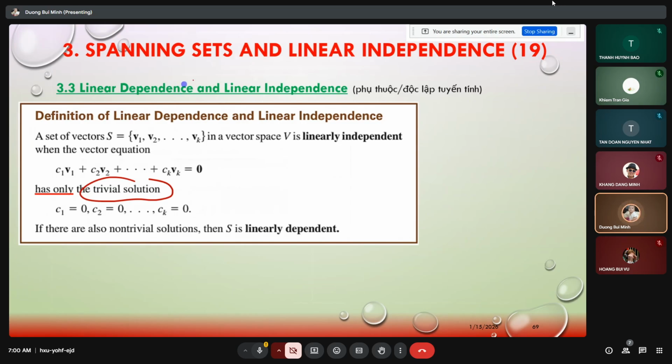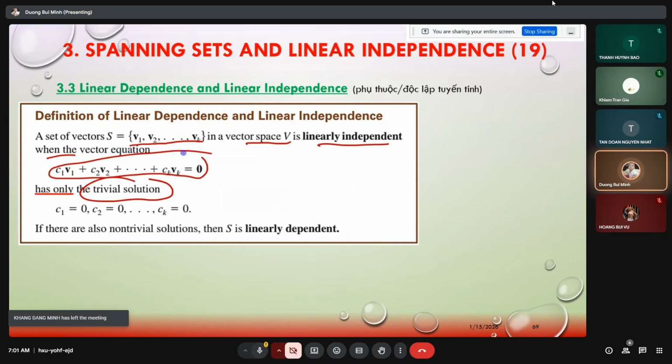A set of vectors S, V1, V2, ..., Vk in the vector space V is linearly independent when the vector equation, which is a homogeneous linear system, has only the trivial solution. That means all coefficients will be 0, and we can conclude that S is linearly independent. Otherwise, S is linearly dependent.